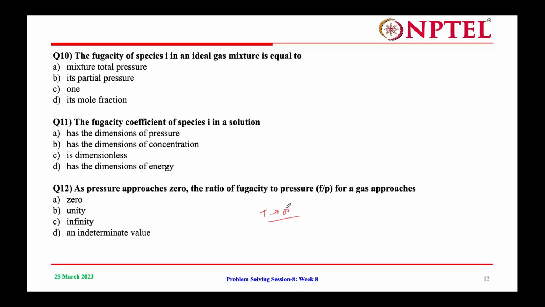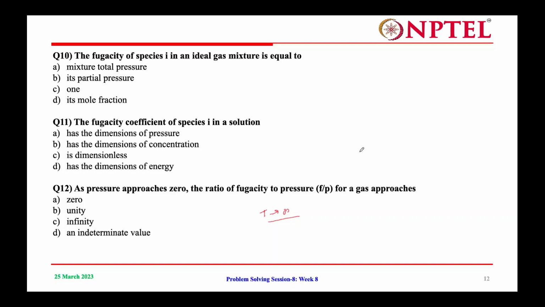Yeah, right. Someone has asked a good question. If you put a limit T tends to infinity, we have to derive again, and you will get a different relation.